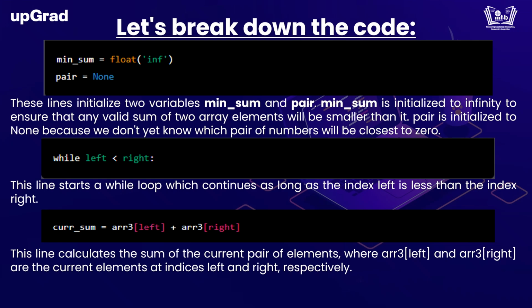The minimum sum is initialized to infinity and the pair is initialized to None, because we don't know which pair of numbers will be considered closest to 0.